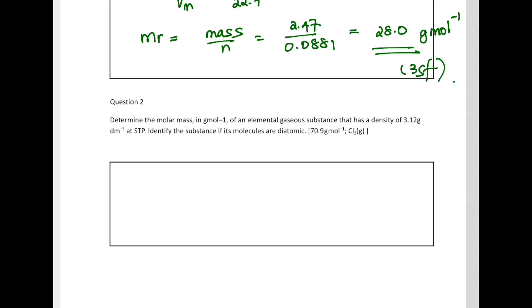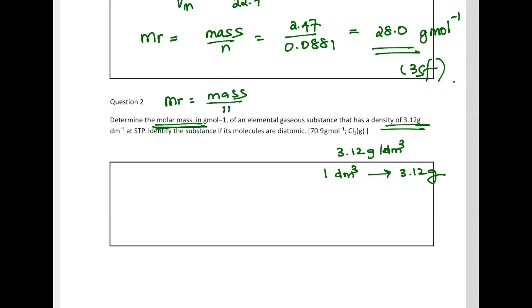The next question, you have to determine molar mass in gram per mole of an elemental gaseous substance. This is the density. So density is 3.12 gram per dm cube, which means that 1 dm cube of the gas weighs 3.12 grams. So you need to find the molar mass. Again, we're going to use mR is mass over number of moles.